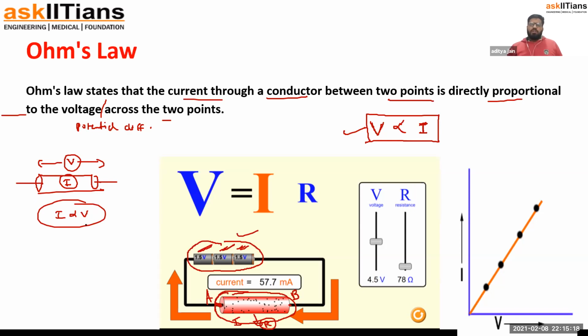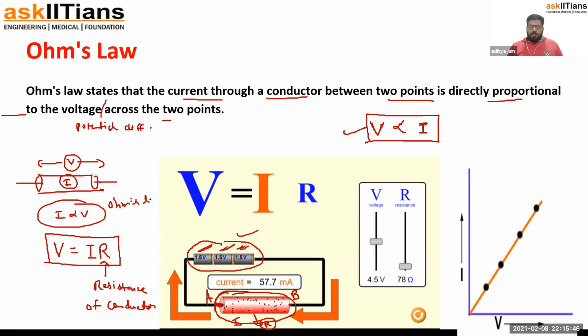If you want to remove the proportionality sign, you have to put an equal sign and a proportionality constant, and this constant is R. This R is nothing but the resistance of the conductor. So basically this was Ohm's law.